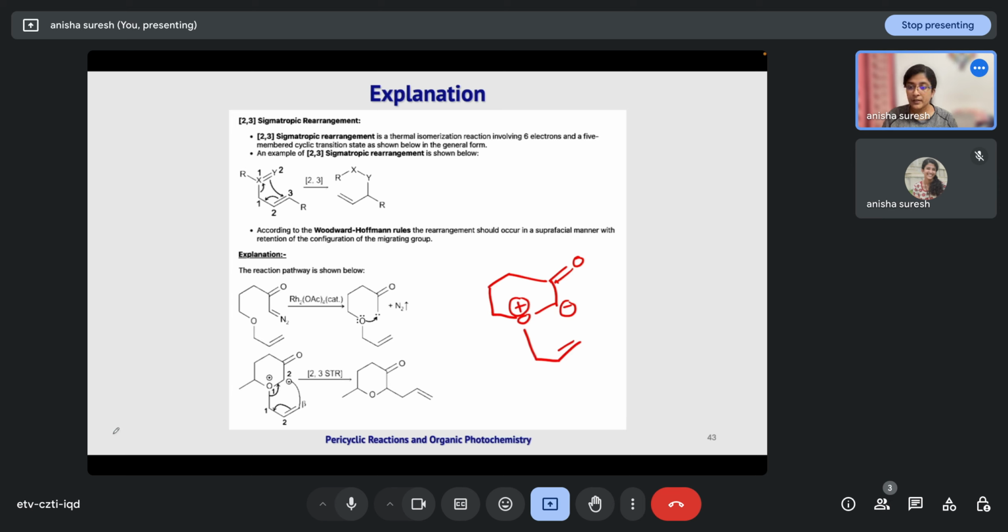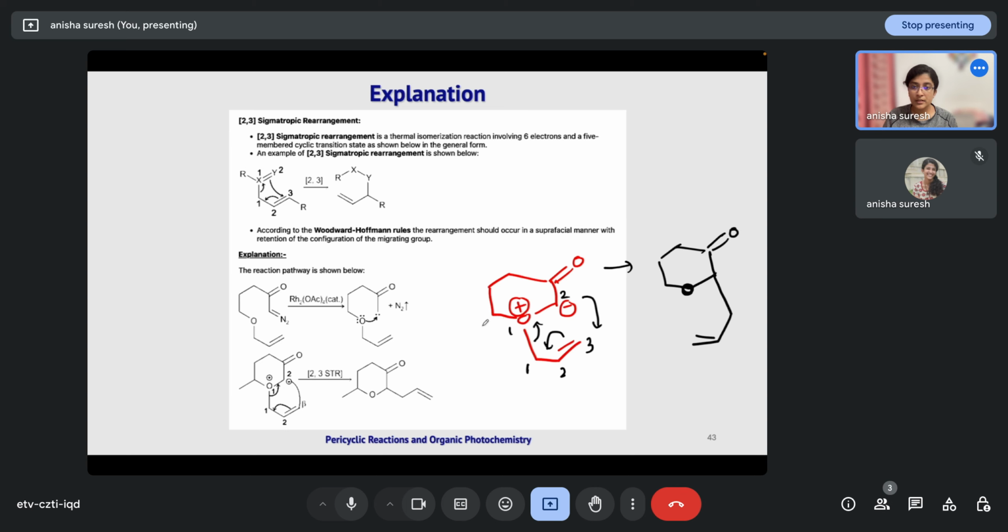Now what is taking place? 3, 2, 1, 1, 2. It will undergo a 2,3 sigmatropic rearrangement, resulting in the formation of this: here the oxygen will be neutralized, and a bond between this carbon and this carbon will be formed, CH2. So this will be the final product. An allyl group will be attached over here.